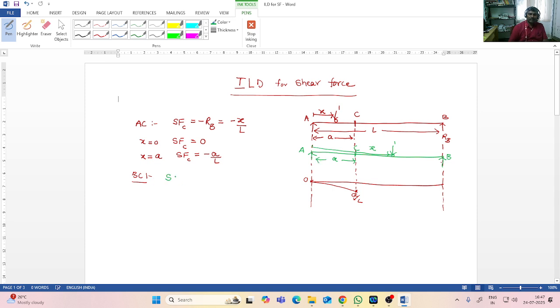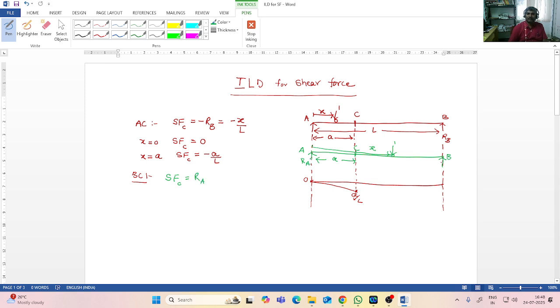Now I would like to calculate again the shear force at C. So shear force at C is equal to, by definition, sum of all forces to the right of the section or to the left of the section. To the right, you have two forces, one is RB, the other one is the unit load. So I go by sum of all forces to the left, which is RA.